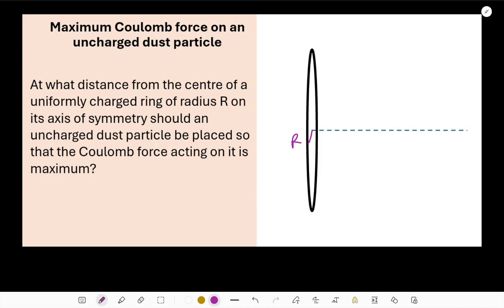The electric field produced by a uniformly charged ring at its axial point is a variable.